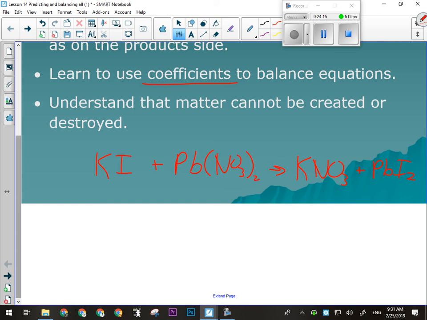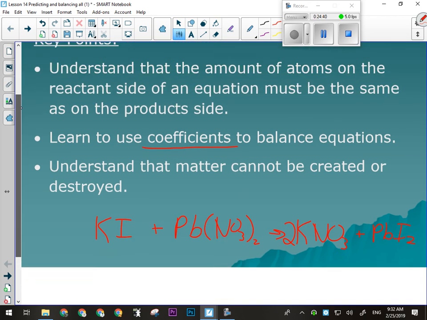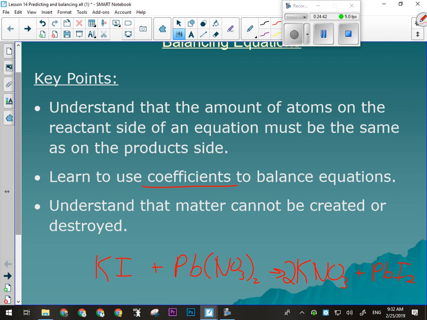Those little numbers are there because that's how that compound works. All I can do is change the amount of that compound. I can't change what the compound is. Changing the little numbers changes what the compound is. Putting in a coefficient like this changes the amount of it, and that's how I balance a reaction, by changing the amount of it that I have to make sure I have the same amount on both sides. So that's the purpose of those coefficients. Everybody all right with that?